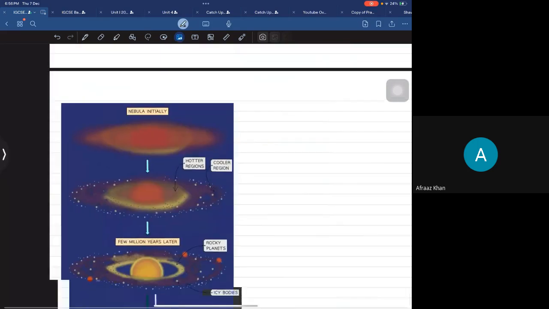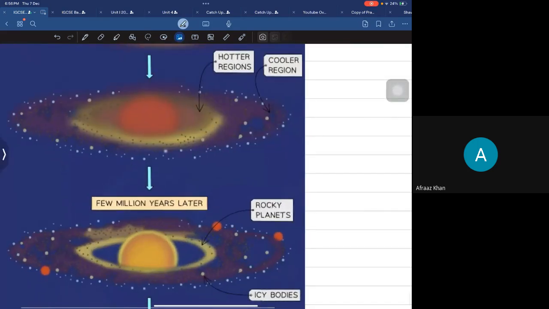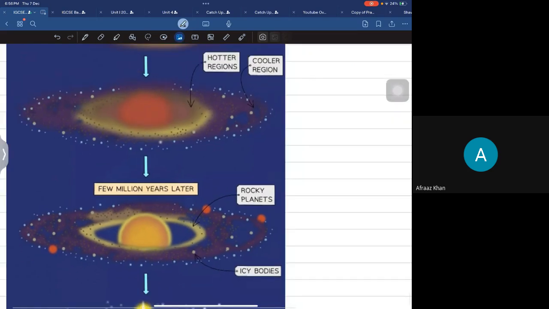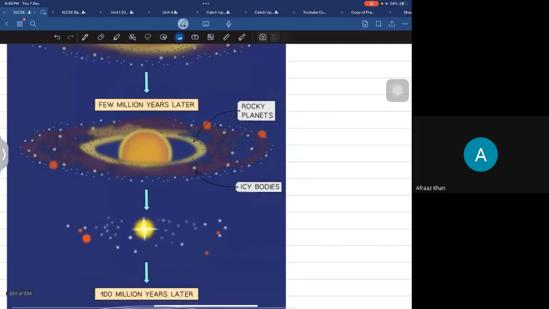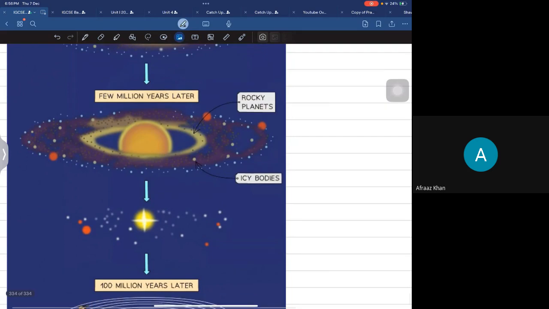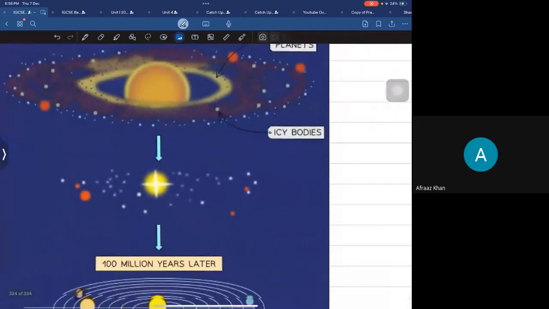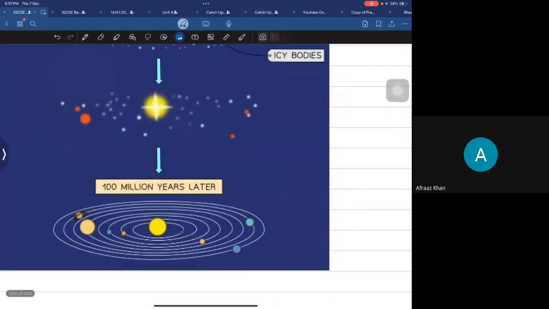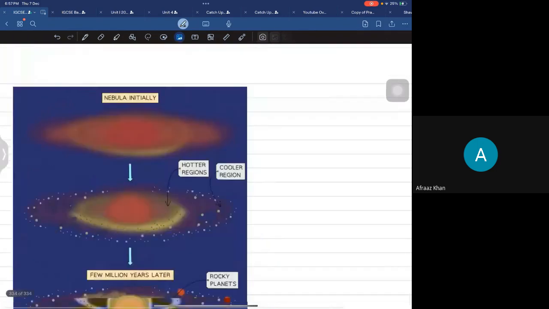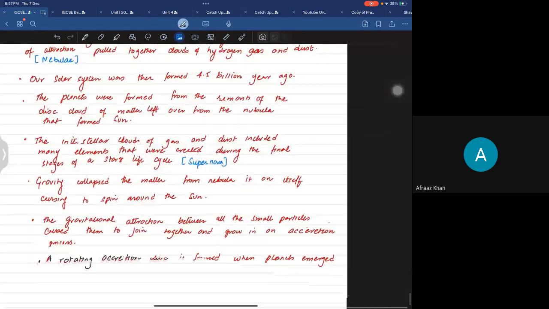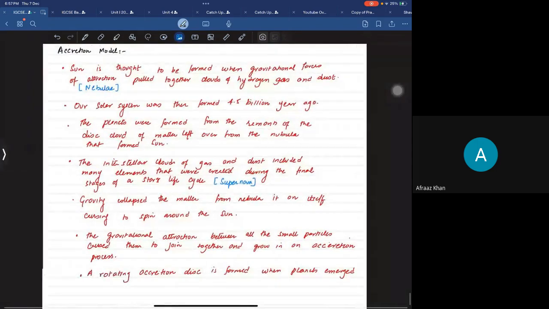The hotter region then forms the Sun after many, many years, and the cooler region forms some rocky planets because that's the leftover gas and rock. And then the gas that is around it also collapses or comes together with other things, which forms planets and their moons like this. All right, so this is very simple, nothing to worry about. So tomorrow we're going to look at it in more detail.